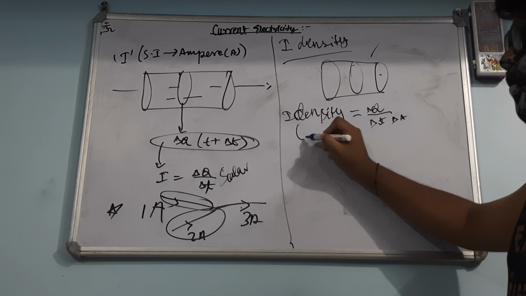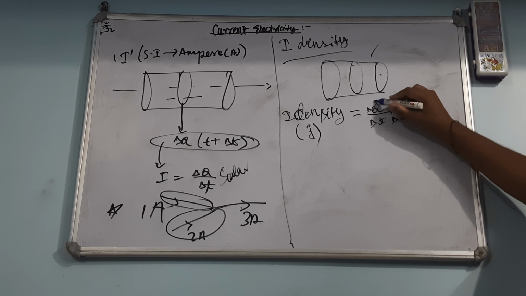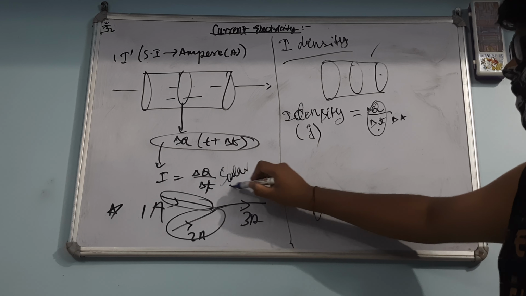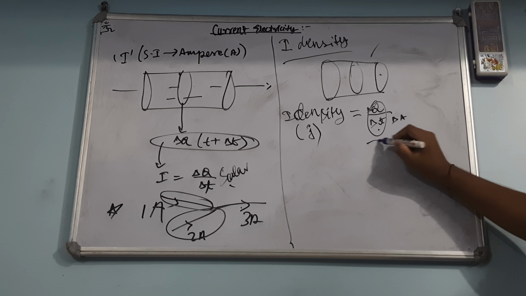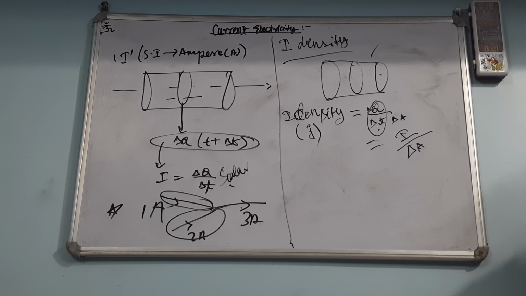Current density is represented by J. As we have found, this is I, so we replace it with I by delta A. So this is current density.